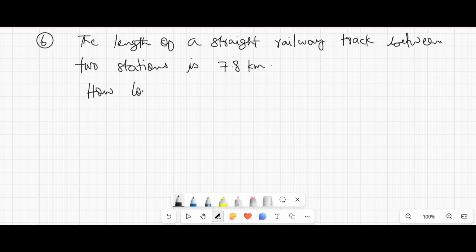How long is this track in centimeters on the map?